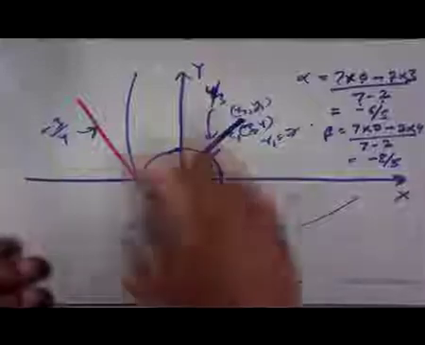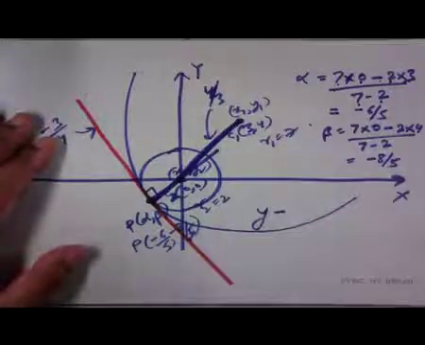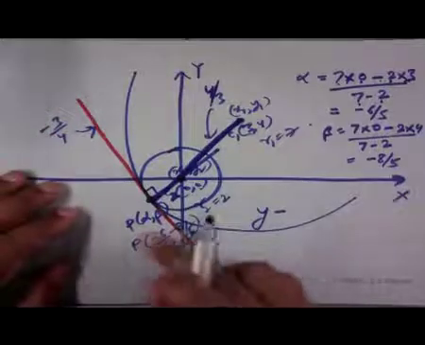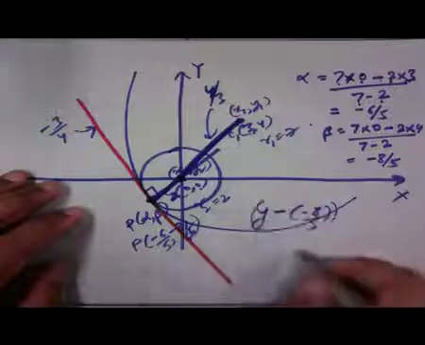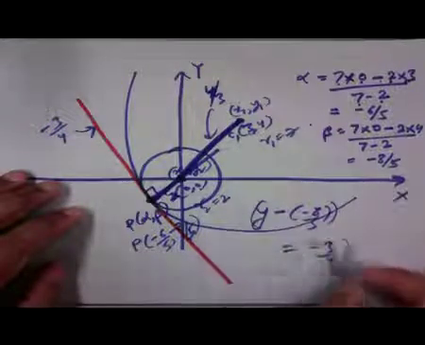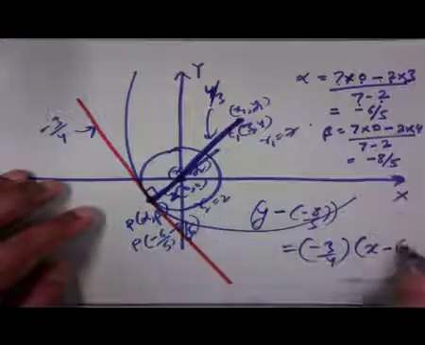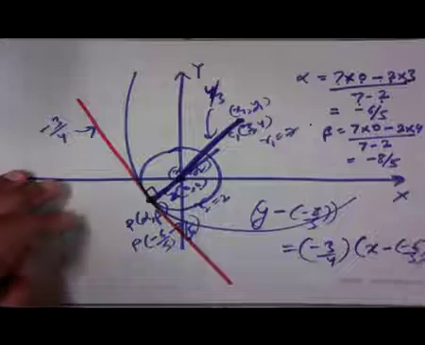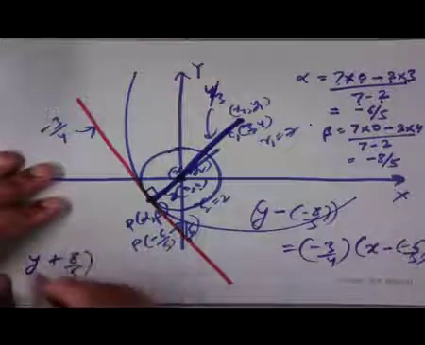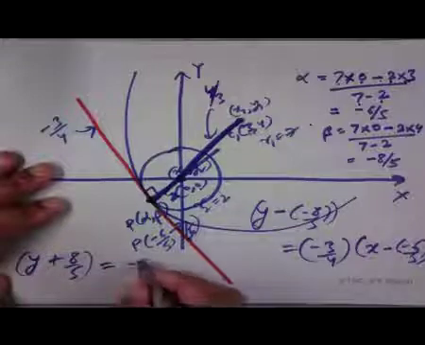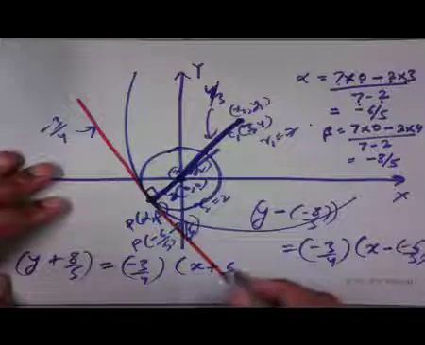And then it is very easy to write down the equation, because it will just be y minus beta equal to slope multiplied by x minus alpha. So, the equation is y plus 8 by 5 is equal to minus 3 by 4 times x plus 6 by 5.